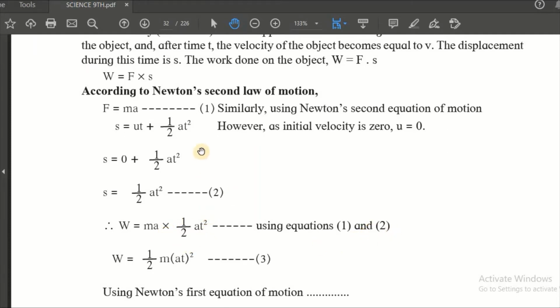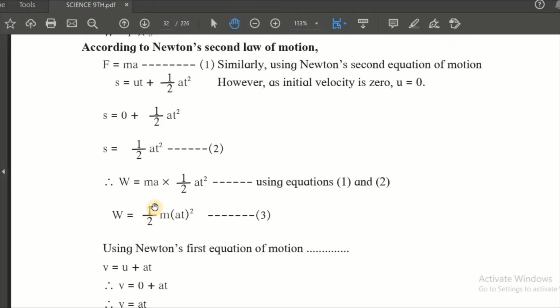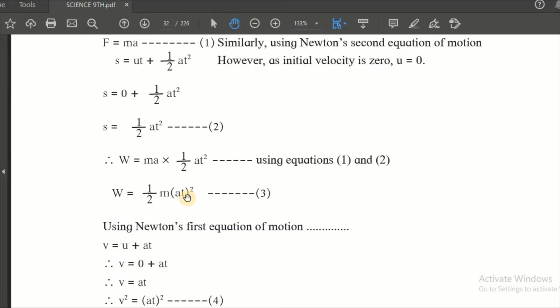Using equations 1 and 2, we put W is equal to F into S. Therefore, W is equal to 1 by 2 m a square t square. Give both the same bracket, because both are squared, that is, the bracket of at squared. Therefore, after the bracket we get W is equal to 1 half into m into (at) bracket square.